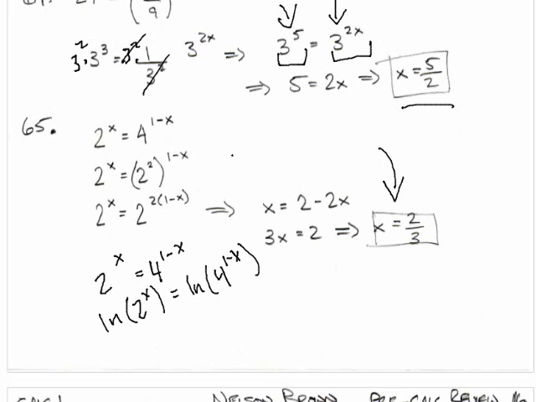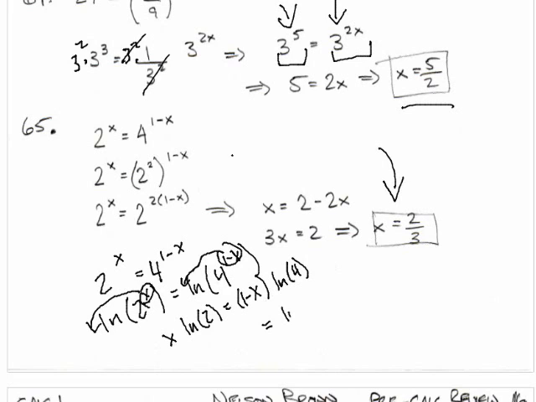Then I can bring down the power, right, on both sides here. This gives me x times natural log of 3 equals 1 minus x times natural log of 4. Distribute the natural log of 4, so I get natural log of 4 minus natural log of 4 times x.